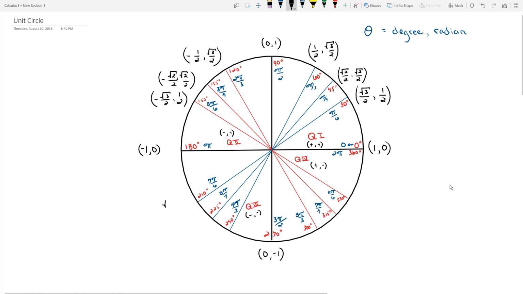And in quadrant 3, of course, it's negative and negative for both. And then square root 2 over 2, negative for both. And last, straight across from 60 degrees, we'll write negative 1/2 and negative square root 3 over 2.